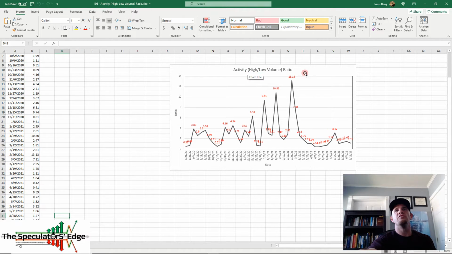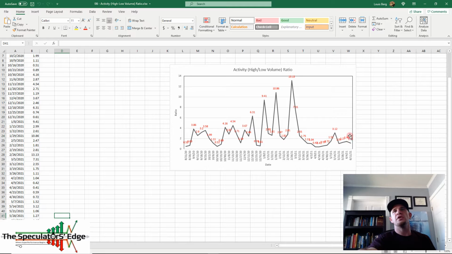This is high-low volume. This is the high-low volume ratio or activity ratio. We did have a decrease in the high volume, or in volume, let me put it that way. We've had a pretty mellow week on volume. So other than that, usually when you see volume start to increase, you know that we're going to get a little volatile.